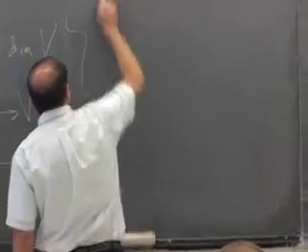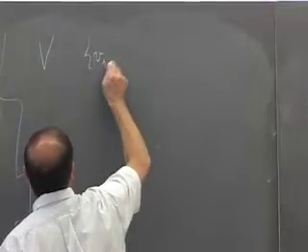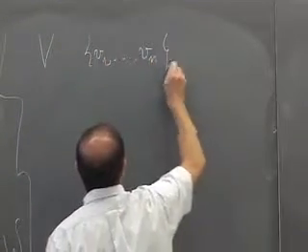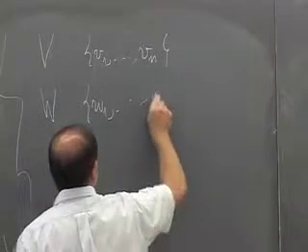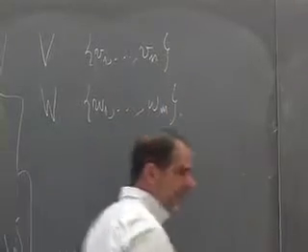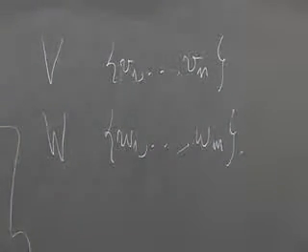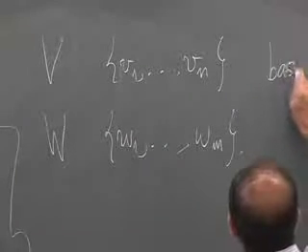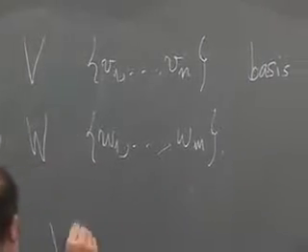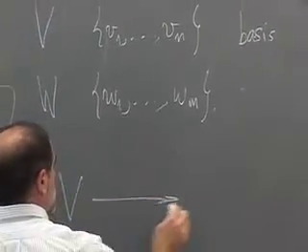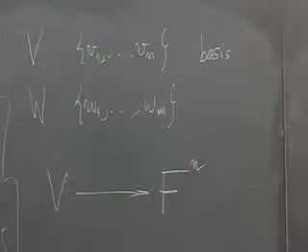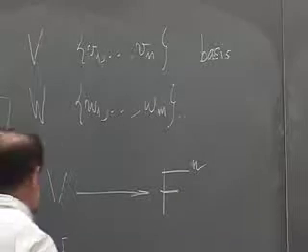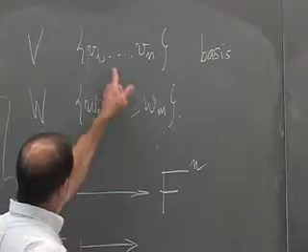When you have a vector space, V, and you pick a basis for it, V1 through Vn. Then we're going to have another vector space, W, and we're going to pick a basis for it, W1 through Wm. Now the basis, as I think Peter showed you last time, gives an isomorphism between V and the finite dimensional vector space F to the n, which takes an arbitrary vector V to its coordinates with respect to this basis.